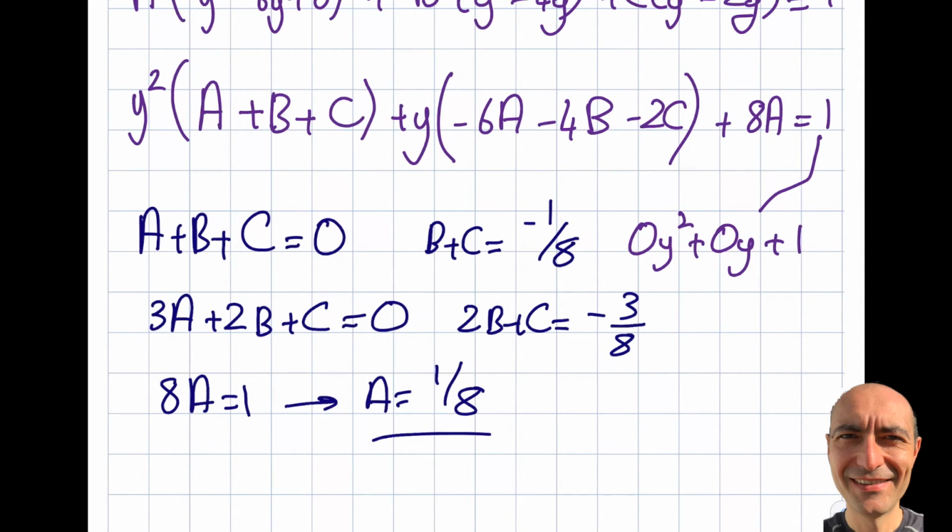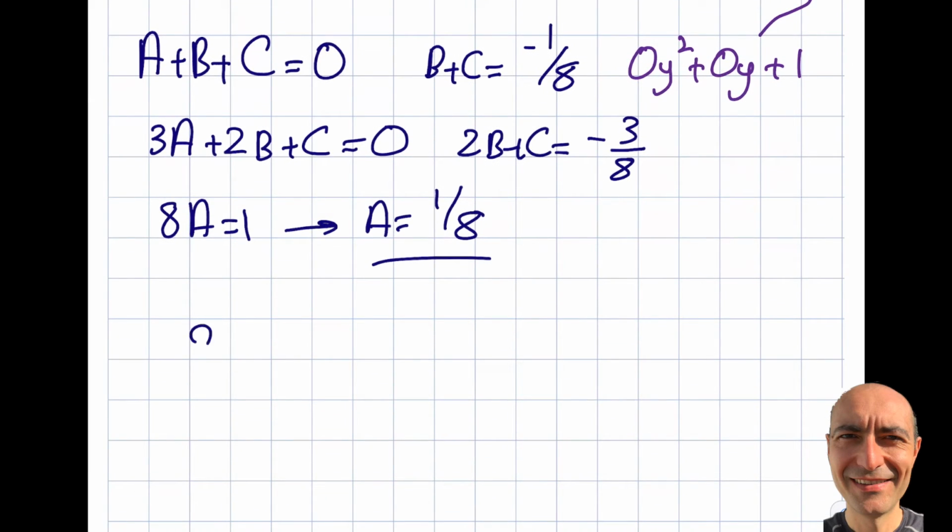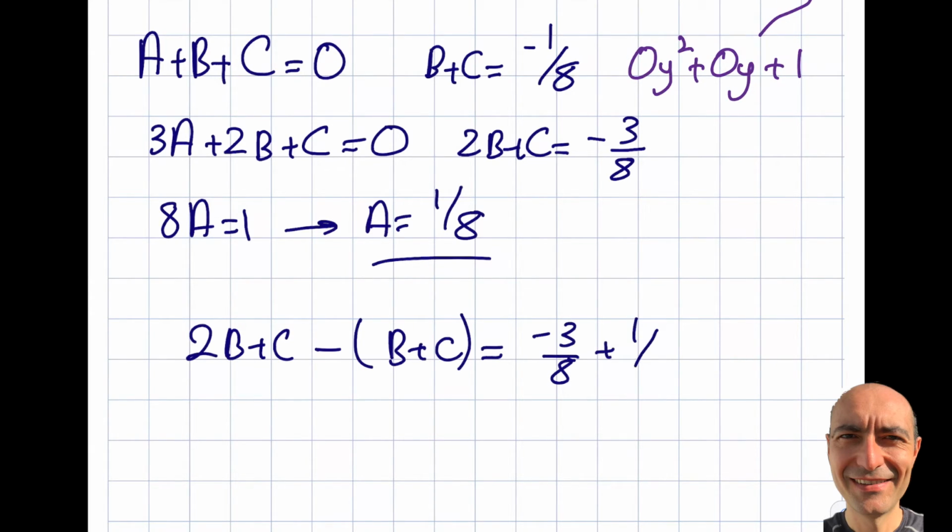So 2b plus c minus b plus c will be equal to minus 3/8 plus 1/8, because minus and minus becomes plus. You can see c's cancel over here. I get b is equal to minus 2/8, which is minus 1/4.